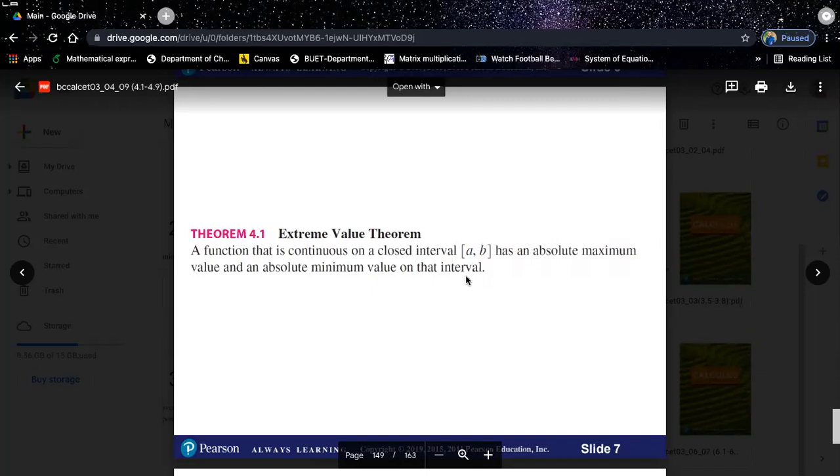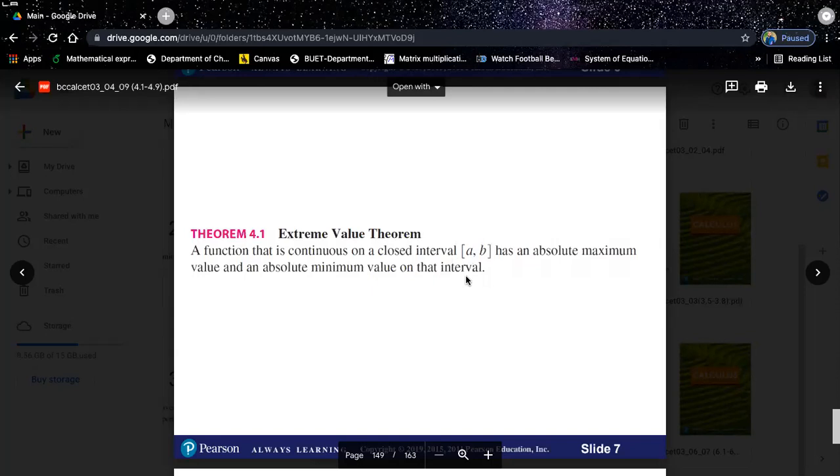That means whenever you see a question, maybe I'll give you a question with brackets on both sides. I may not write that it's a closed interval. You can eyeball it and see that it's definitely closed.